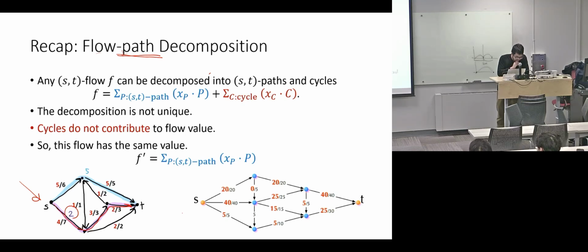And then there could be another path like this of value 2. And then maybe I can have a cycle like this too.